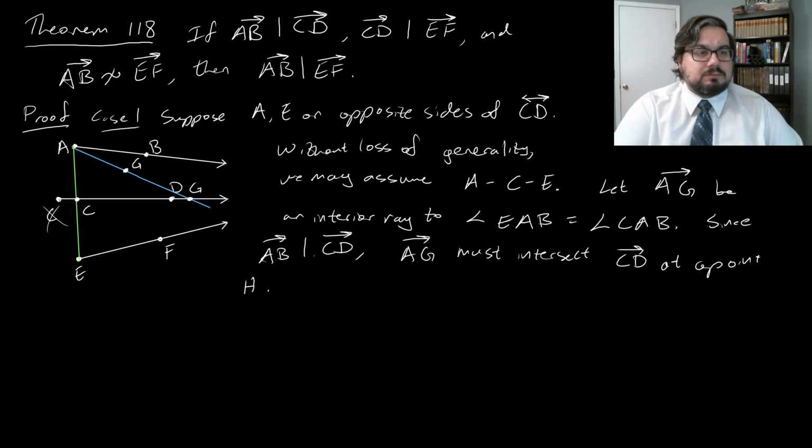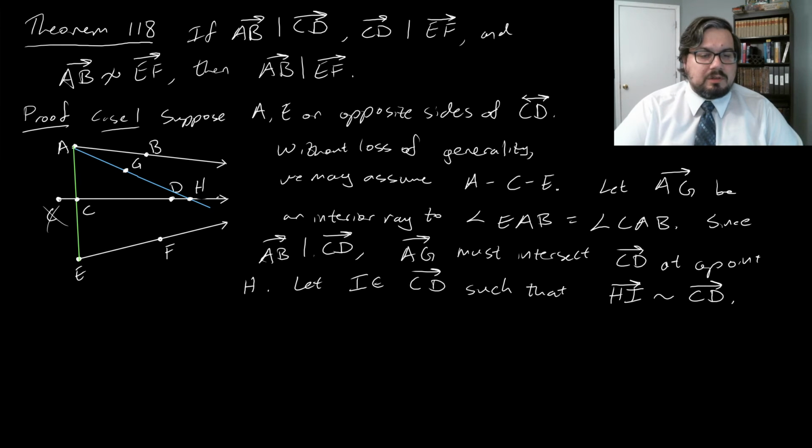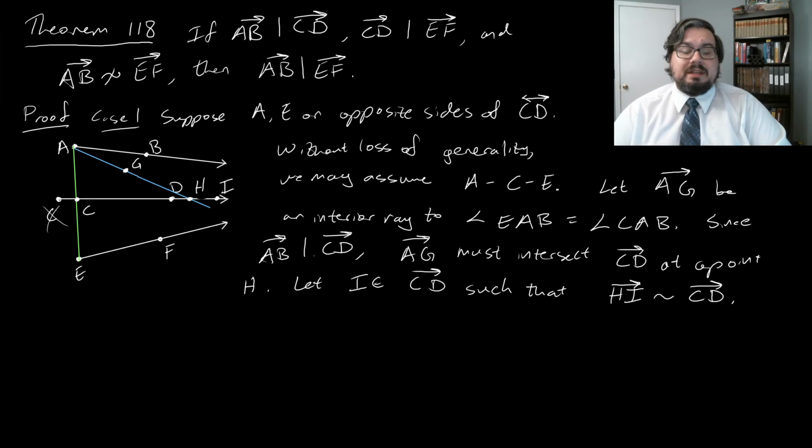We'll call it H. But now, we can let I be in the ray CD such that the ray HI is equivalent to the ray CD. So we can choose a point I over here. If you take any point on the line containing a ray, that can always serve as a vertex to a ray that is equivalent to the one that you started with.